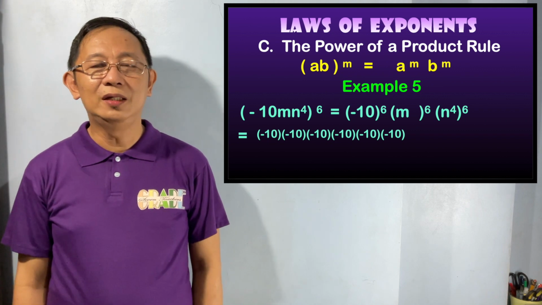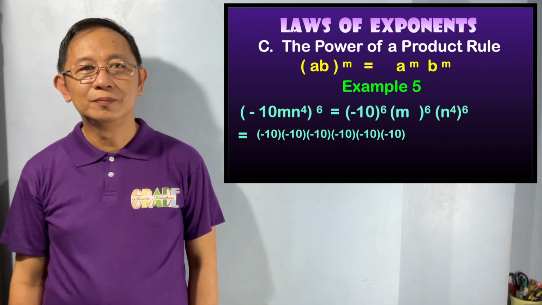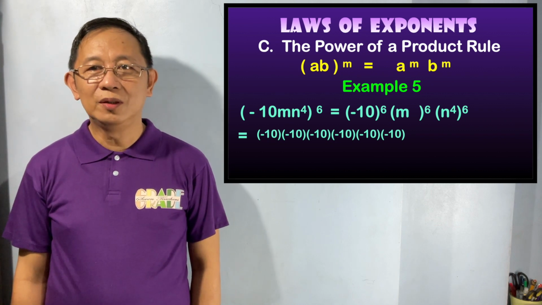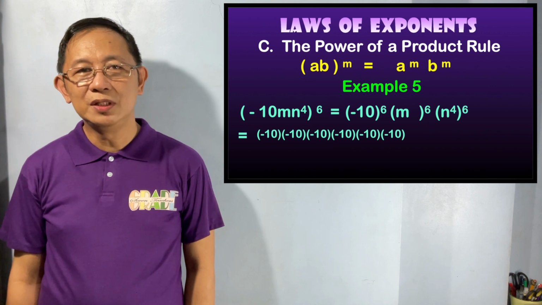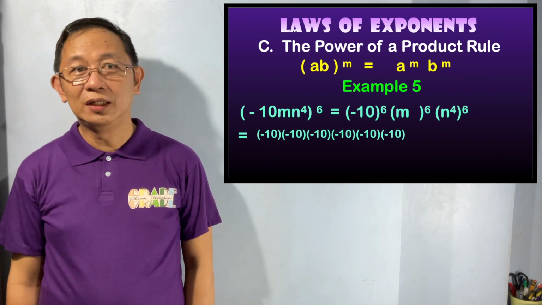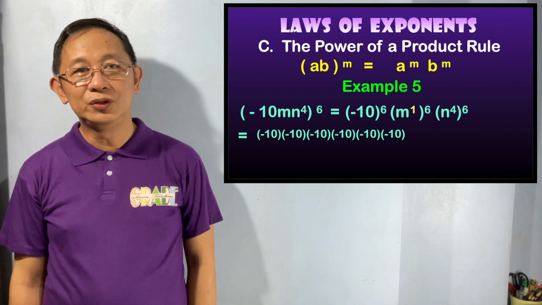Then for m, write m. Always remember that m has an invisible 1 as its exponent. So it is m to the 1st power raised to the 6th power.